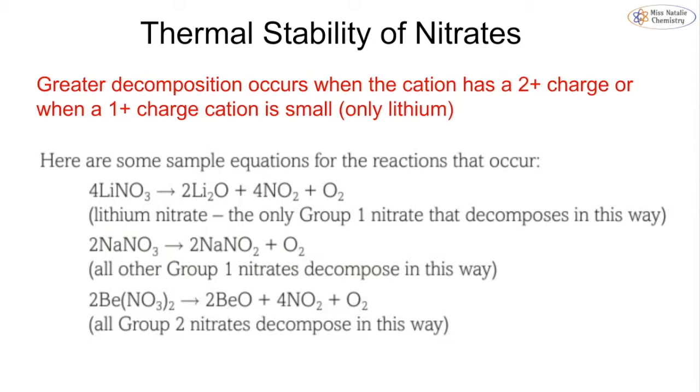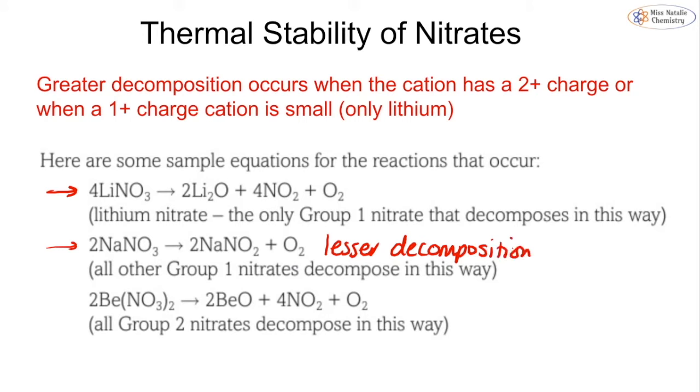So the greater decomposition occurs when the cation has a 2 plus charge, or if it's a 1 plus, the cation is very small. And you can see some examples here. So if you've got lithium, we're going to see this reaction. So 4 lithium nitrates decomposing to give you 2 lithium oxides plus 4 moles of nitrogen dioxide and 1 mole of oxygen. All of the other group 1 nitrates are going to have this lesser decomposition, which gives you the metal nitrite.